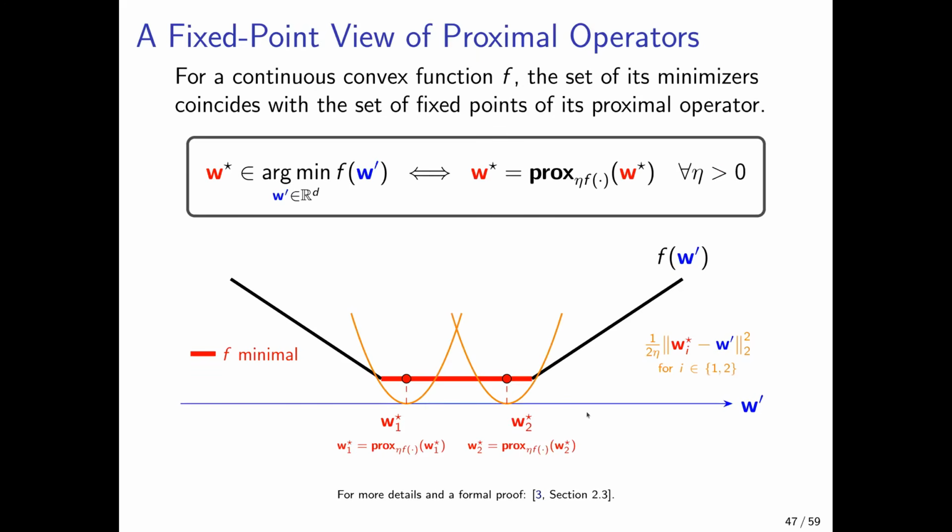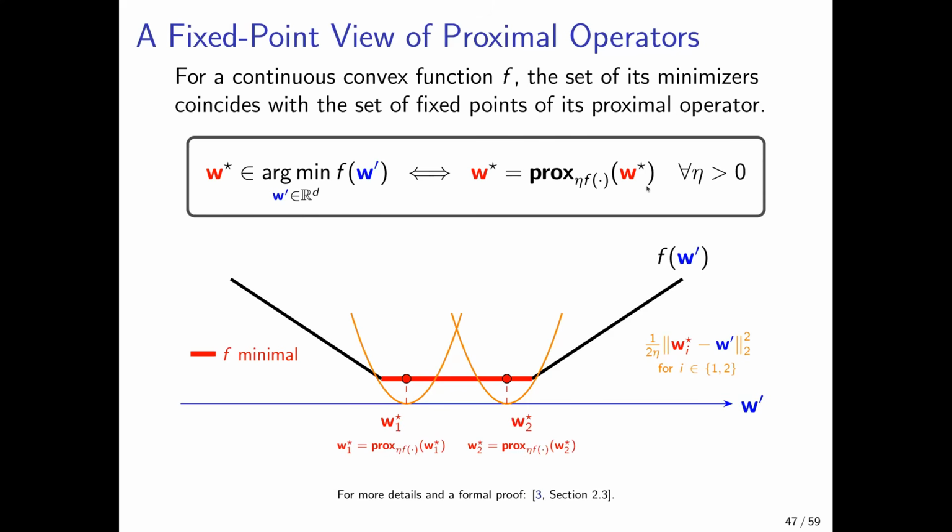It turns out that this fixed point view is really very powerful. We really have this relation between the minimizers of f and the fixed points of its proximal operator. There is this equivalence that some w star is a minimizer of f if and only if it is a fixed point of its proximal operator.